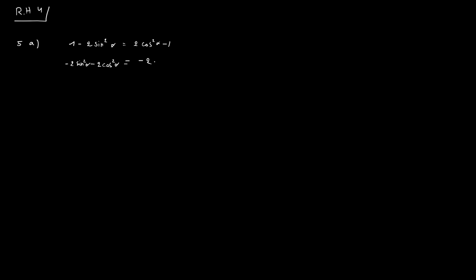Let's divide both sides by negative 2, so we end up with 1 is equal to sine squared alpha plus cosine squared alpha. And this, because of Pythagoras, needs to be true. So that expression is true.